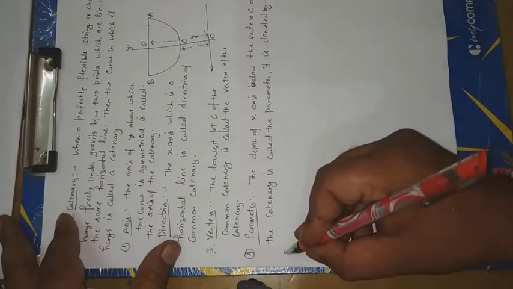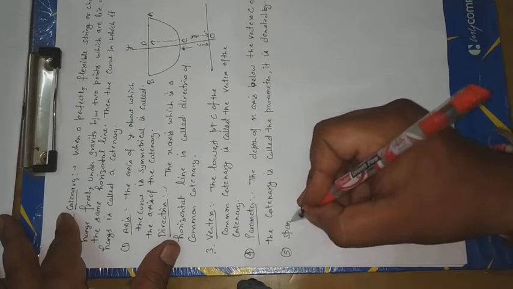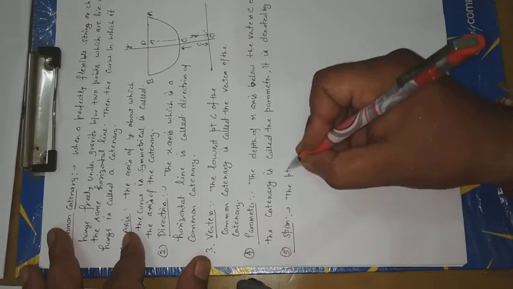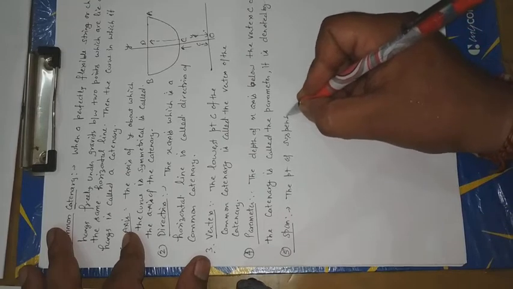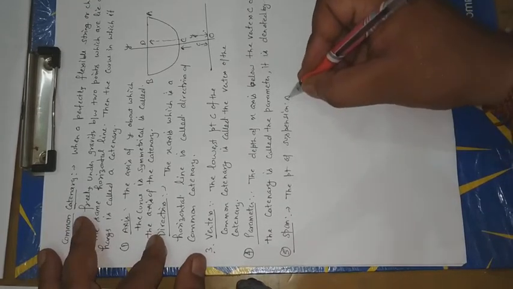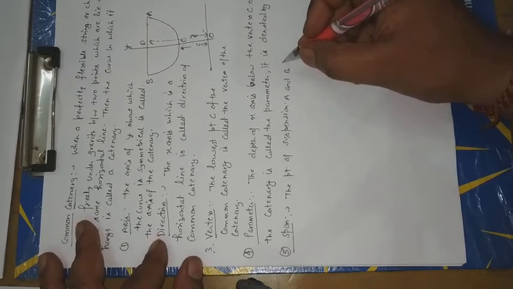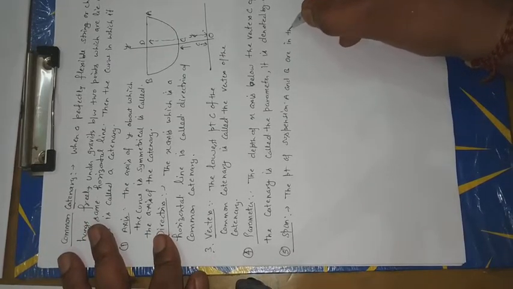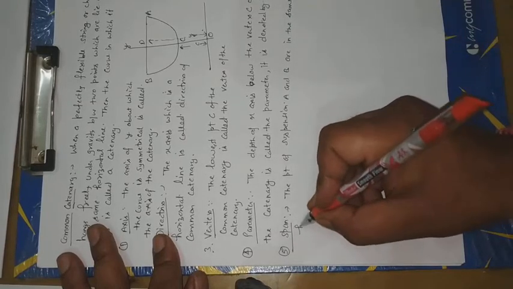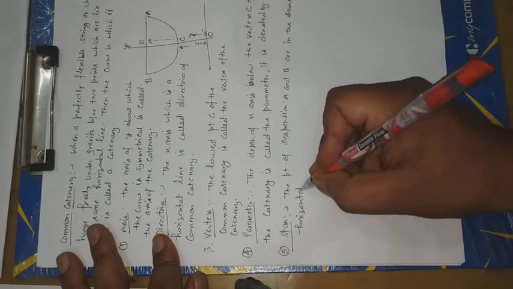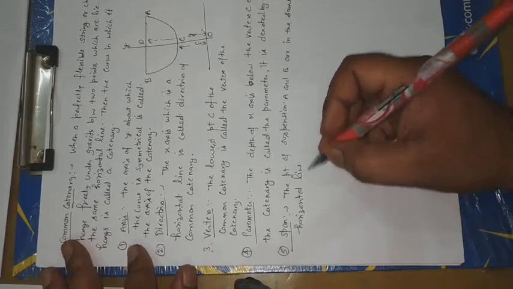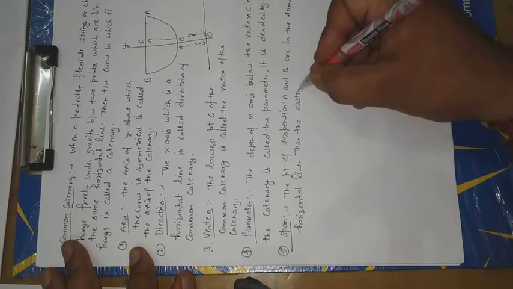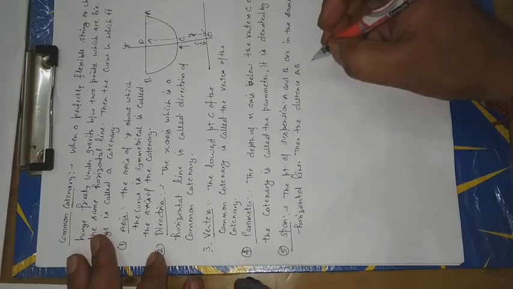Now, the fifth point is span. Span of common catenary: the points of suspension A and B, where A and B are in the same horizontal line, the distance AB is called the span.